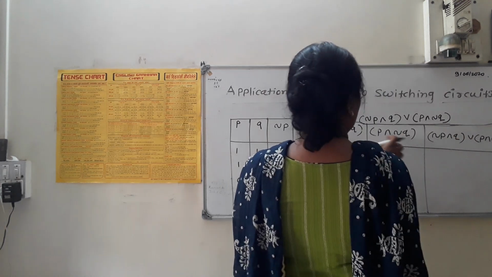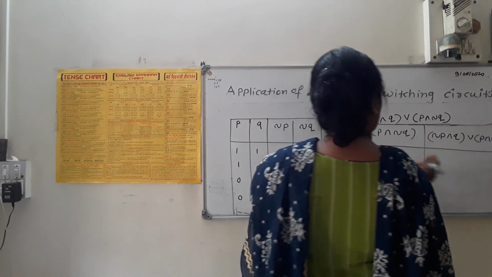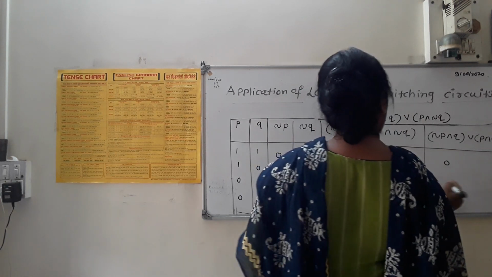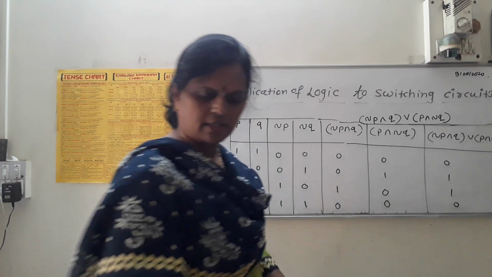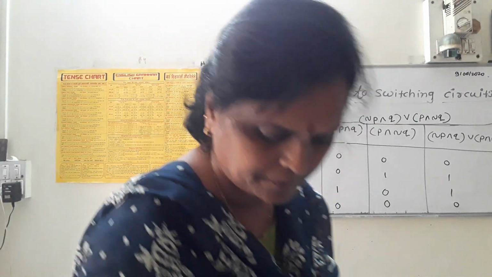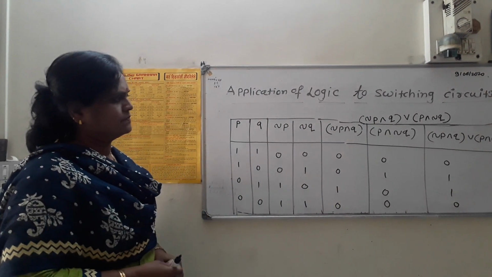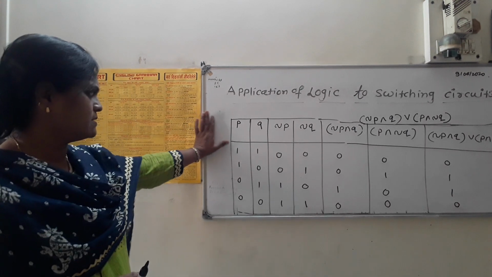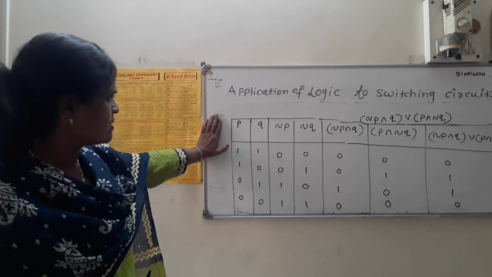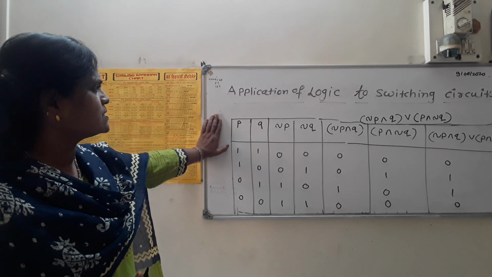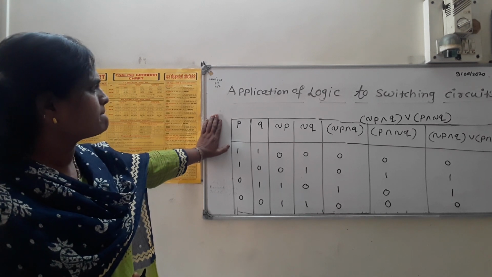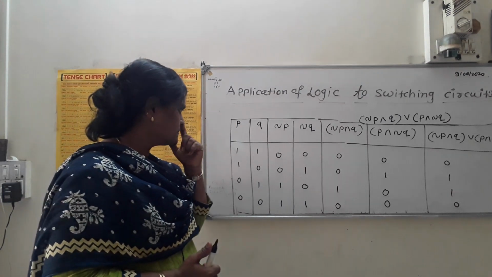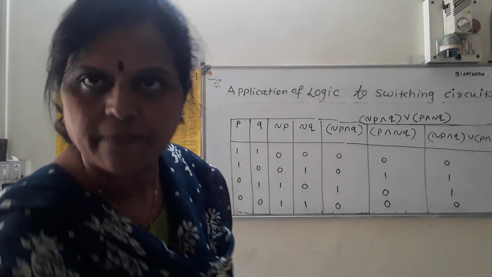So it is this part and this part, or, giving 0 1 1 0. Here 1 represents switch on, current flows. Okay, clear?